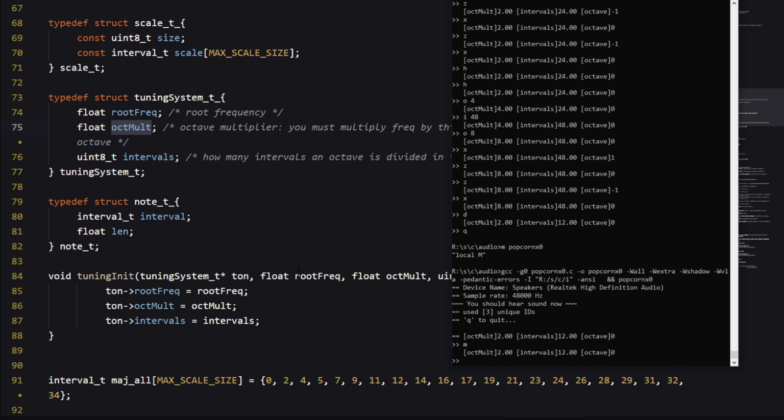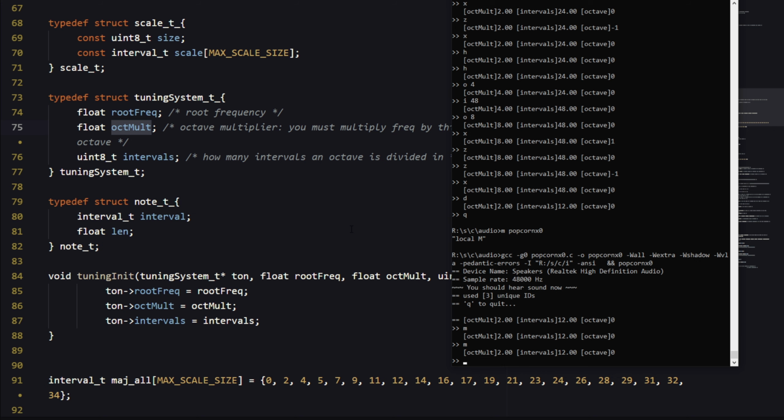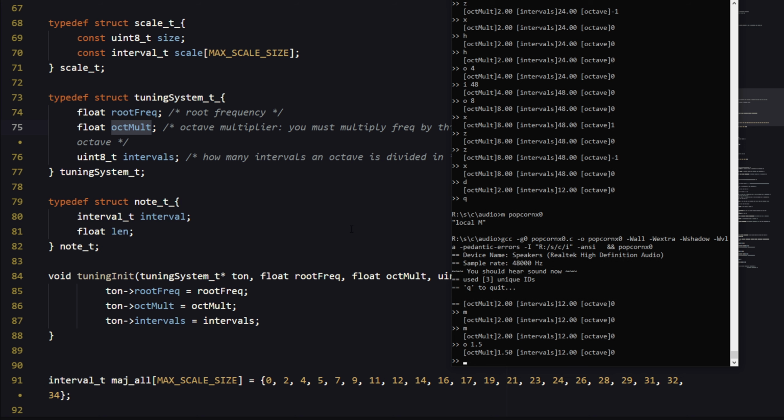Maybe we can just have a look. So this is the regular melody, but for example, instead of multiplying by 2, I can multiply by 1.5.